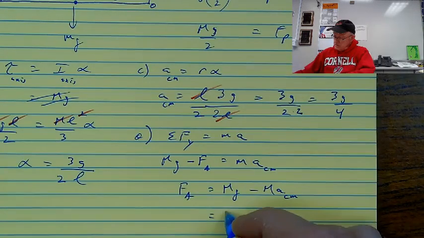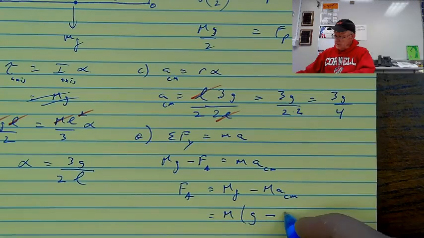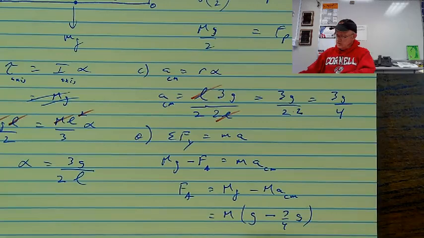And that's our answer. The force of the axis upwards is 1/4 of the weight, 1/4 of mass times gravity, right there.